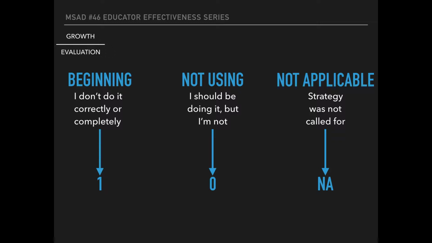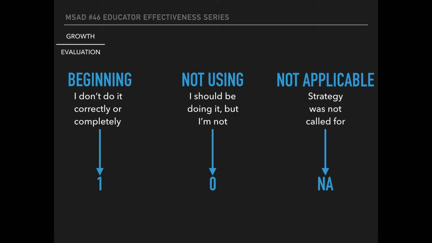So if I'm using a performance goal or scale, maybe I just put it up, or it's posted on a wall where students can't see it. So if everyone's facing me and they're facing the front where the projector and the whiteboard is, but the goal is behind them and they can't see it or understand it or access it easily, I might not be using it correctly, or I don't do it at all.